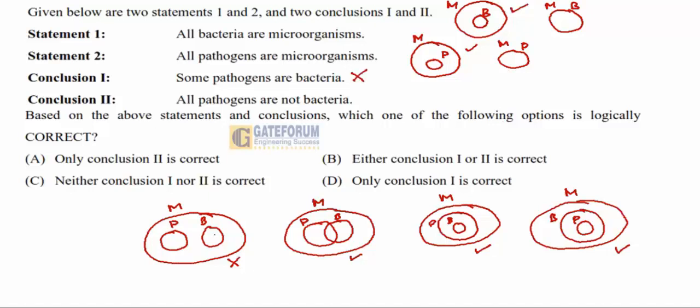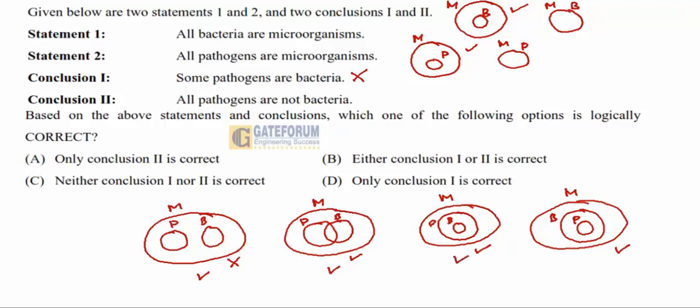Let us go to conclusion 2: All pathogens are not bacteria. See, all pathogens are not bacteria. Obviously, this is correct, right? Only some of them are bacteria. So this is also correct. All pathogens are definitely not bacteria.